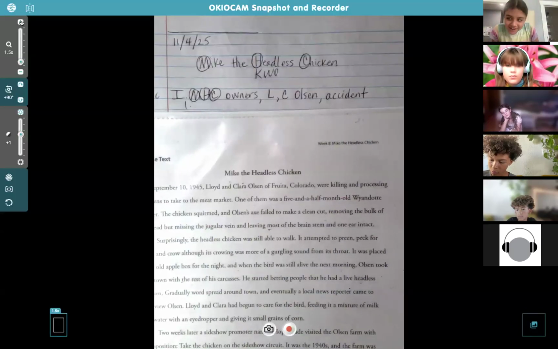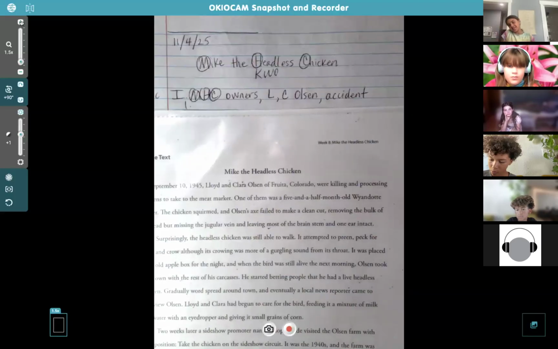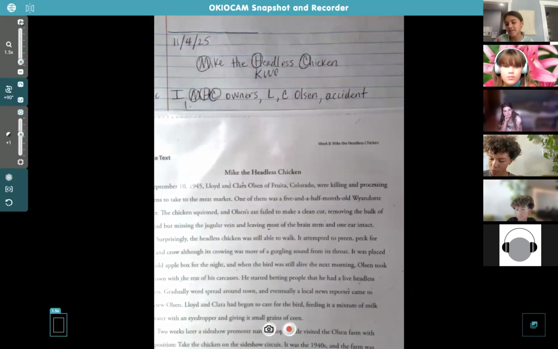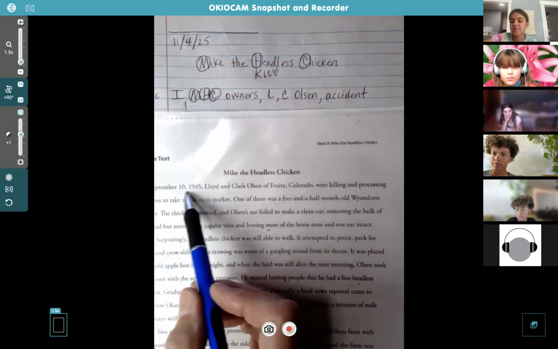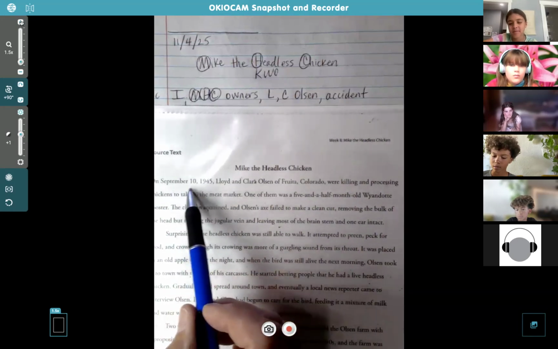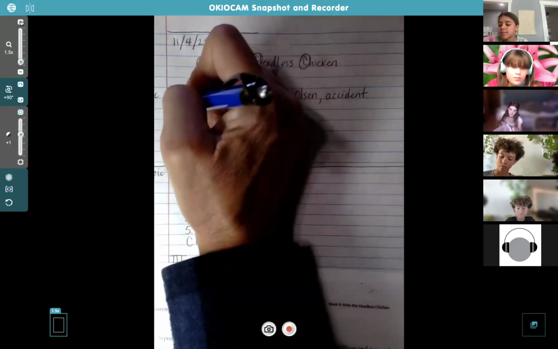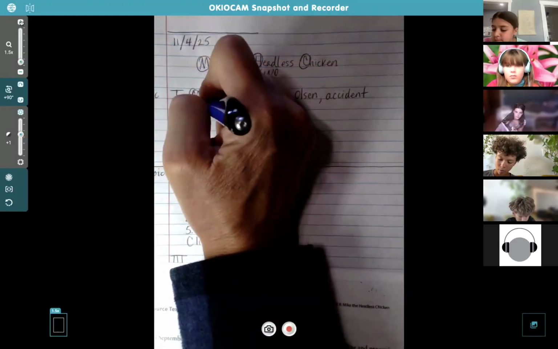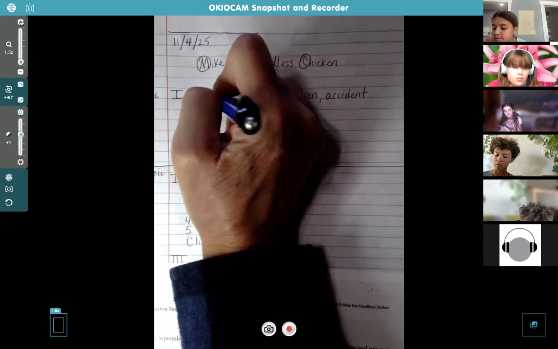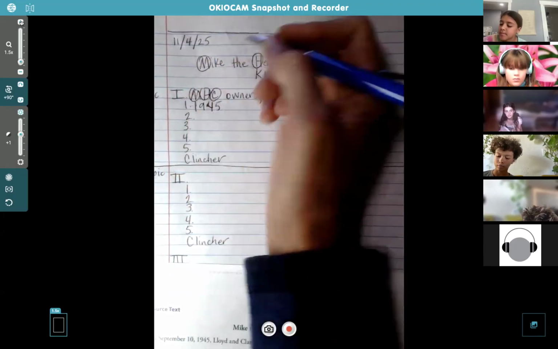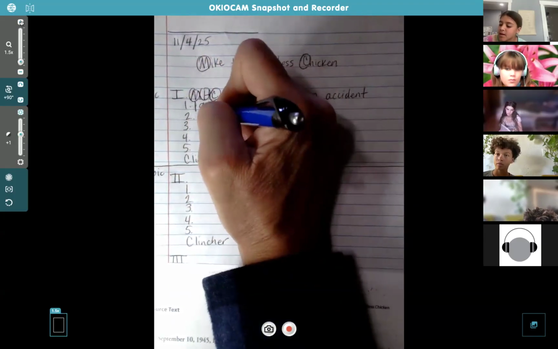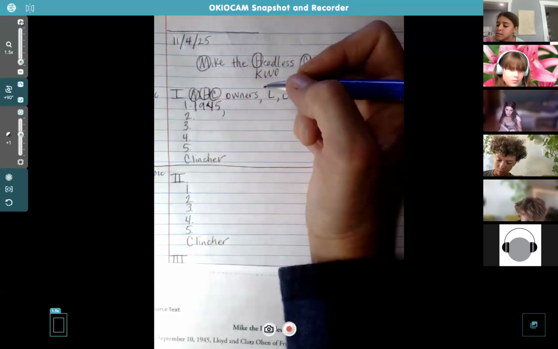They were killing and processing chickens to take to the meat market. Exactly. And there was a date here. This probably would be good to mention as far as when it happened. You can say in 1945, because that tells the reader this wasn't last year. This was a long time ago. In 1945, you're right, killing, processing.